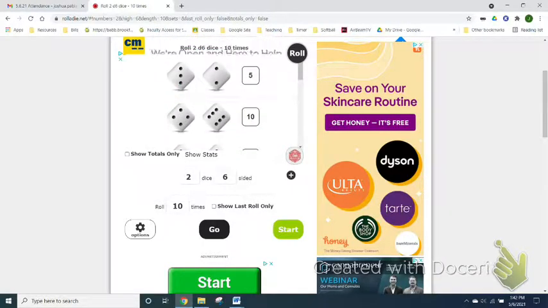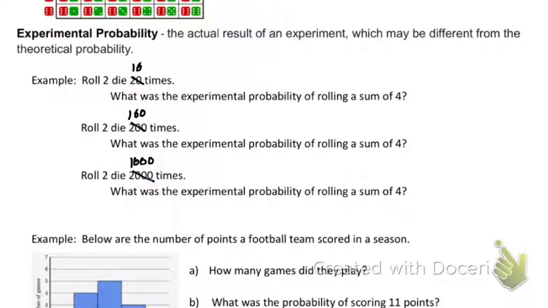So we got 1. So we can come back here and say that's 1 out of 10. So this one is, maybe I'll put a little block here and say that's 1 out of 10. That would be about 10%. Now let's just put it as 0.1. All right, so 10 got us 0.1.